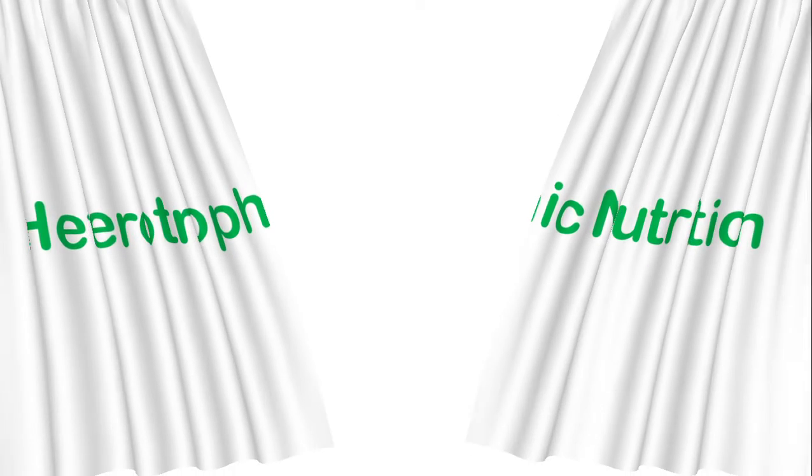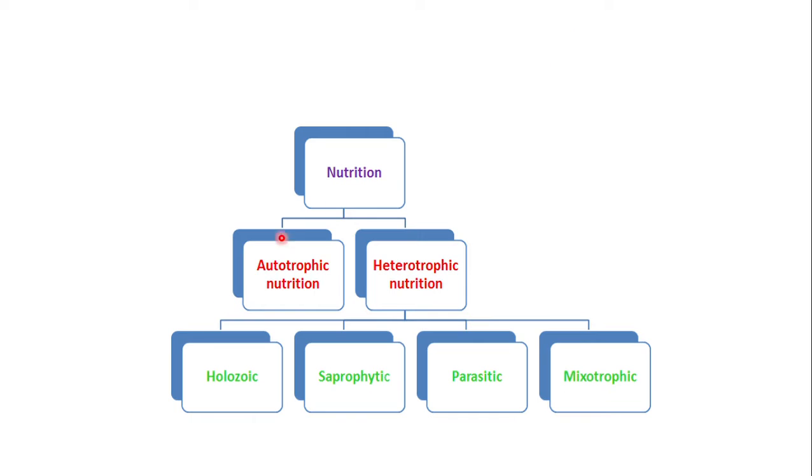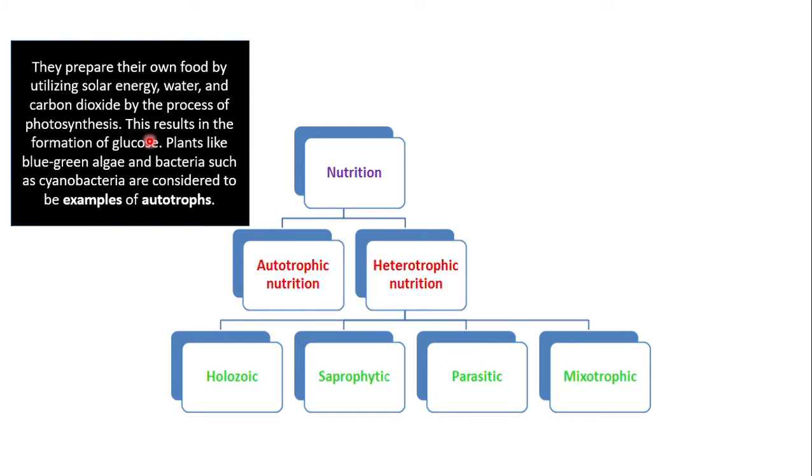So let's quickly recap autotrophic nutrition. In autotrophic nutrition, the organisms prepare their own food by utilizing solar energy, water, and carbon dioxide by the process of photosynthesis. This results in the formation of glucose. Plants, like blue-green algae, and bacteria such as cyanobacteria are considered to be examples of autotrophs.